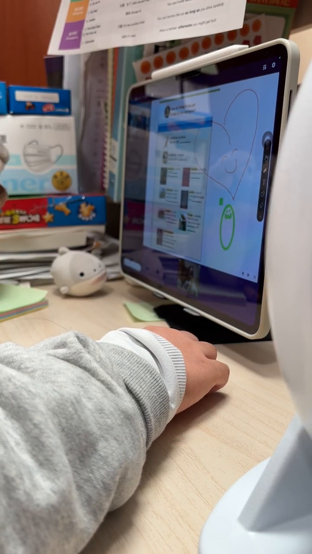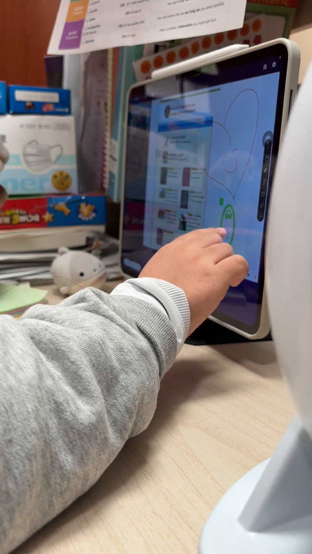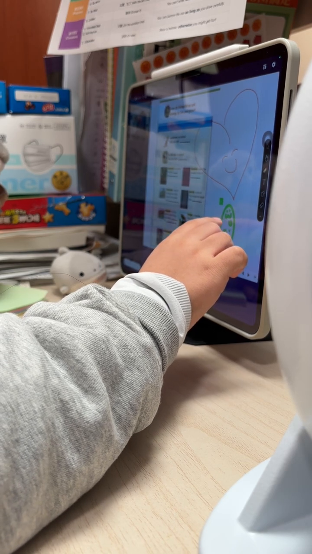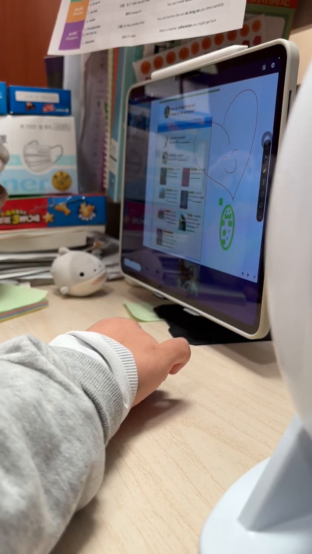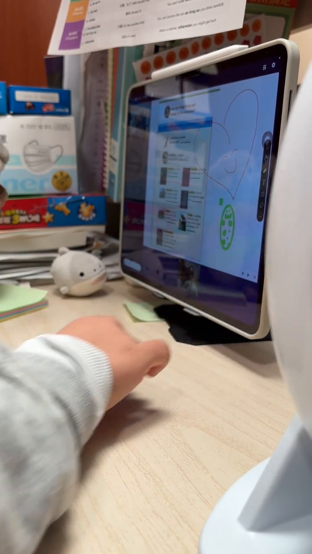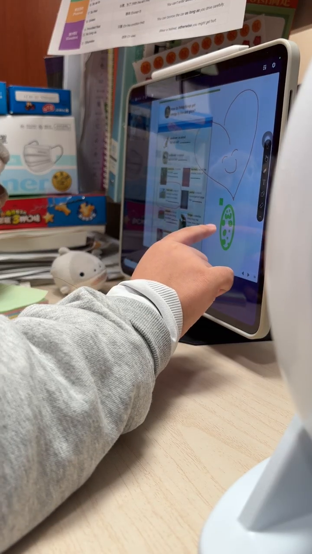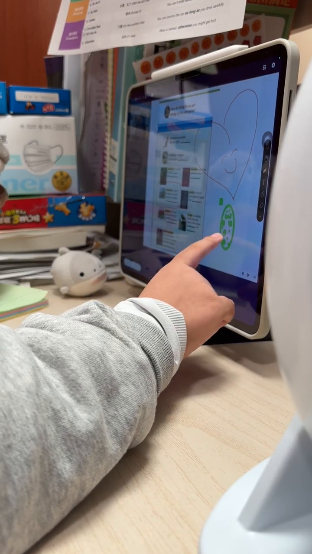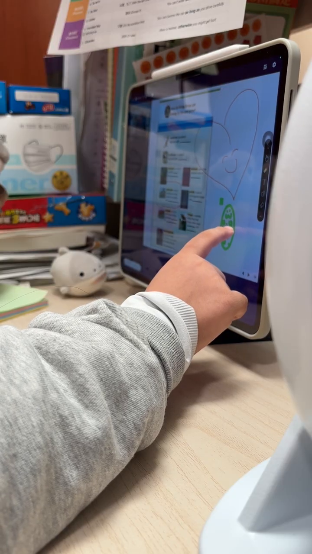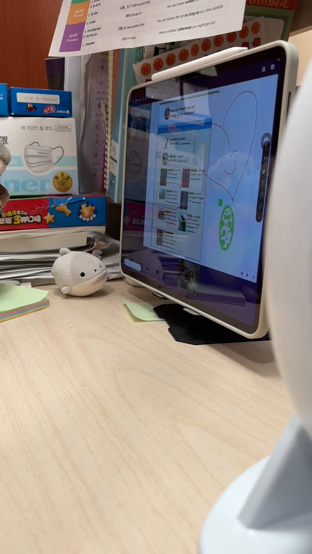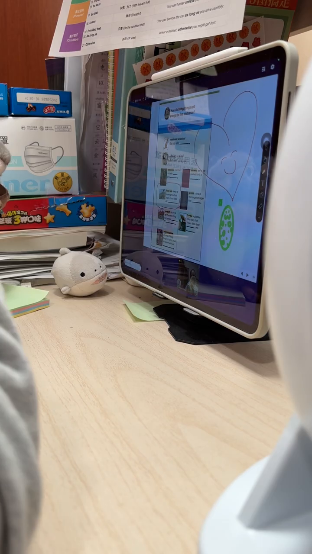Okay. Now, Ivanka, we talked about food chains again, but what is a food web? What's the difference between a food web and a food chain? Do you remember? A food web is kind of like a web, but a food chain is like a chain. It's just a straight line.